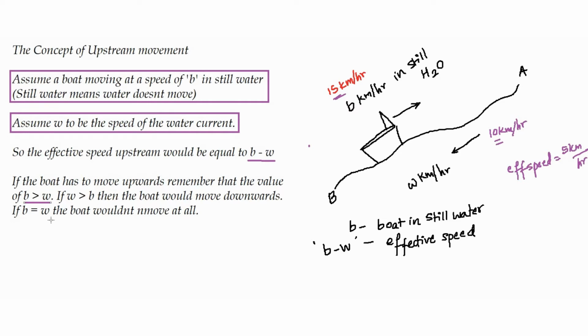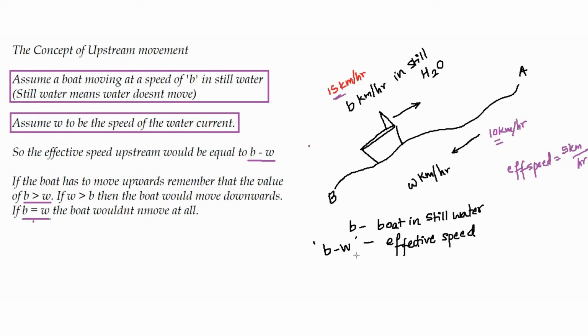Only then the boat is going to move upwards. And if B is equal to W, then the boat wouldn't move at all. So then the boat would remain stationary. So the moral of this picture is, if the boat has to move upwards, then the speed of the boat in still water has to be greater than that of the speed of the water current.